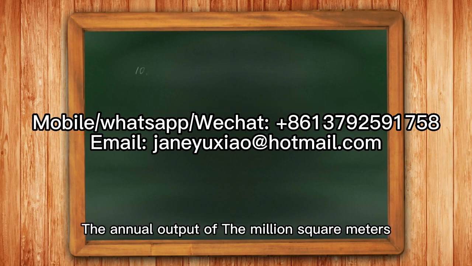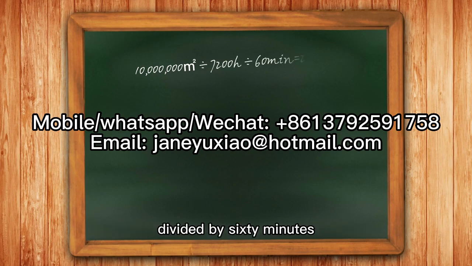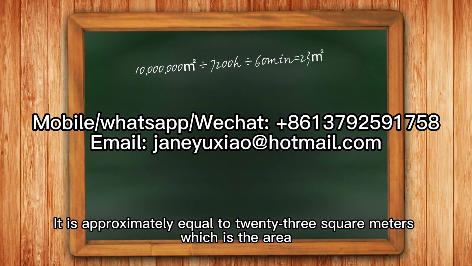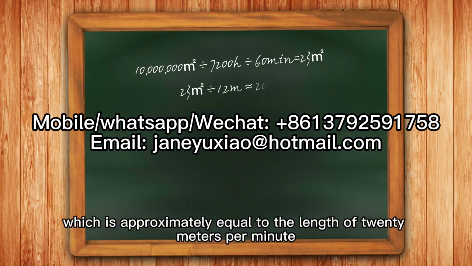The annual output of 10 million square meters divided by 7,200 hours divided by 60 minutes is the output per minute. It is approximately equal to 23 square meters, which is the area, divided by the width of 1.2 meters, which is approximately equal to a length of 20 meters per minute.